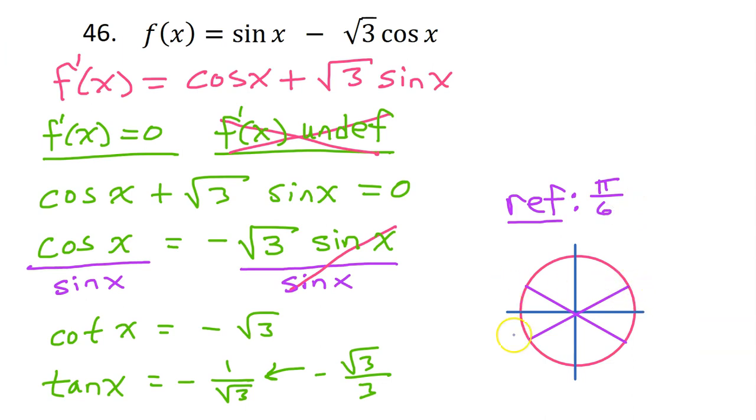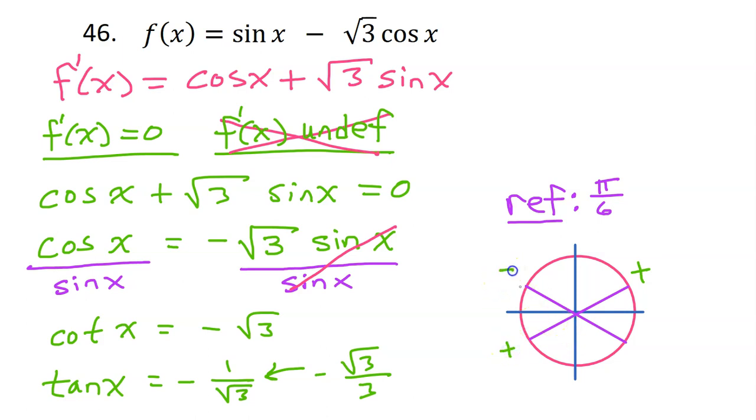There are 4 angles on the unit circle that have a reference angle of pi over 6. There's one in every quadrant. The tangent of any of these angles will be some kind of 1 over radical 3. But 2 of them will be positive and 2 of them will be negative. So you needed to know that tangent is positive in the first quadrant and in the third quadrant.